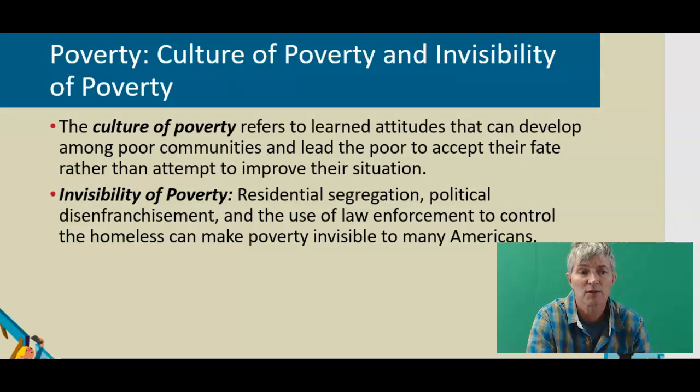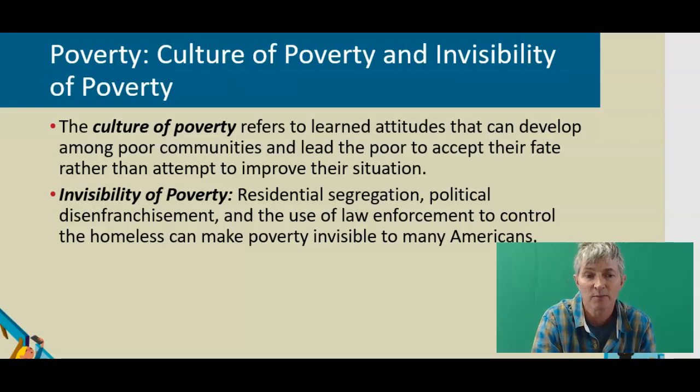One of the key criticisms of this theory is that it tends to blame victims of poverty for their own misfortune while failing to take into account the structural factors that shape culture. Invisibility of poverty is residential segregation, political disenfranchisement, and the use of law enforcement to control the homeless and make poverty invisible to many Americans.